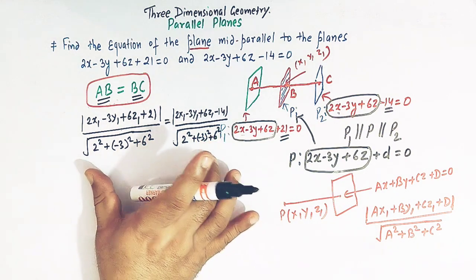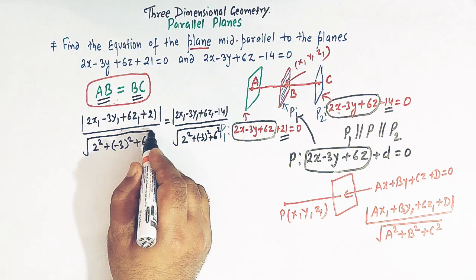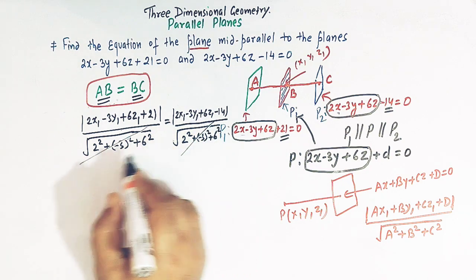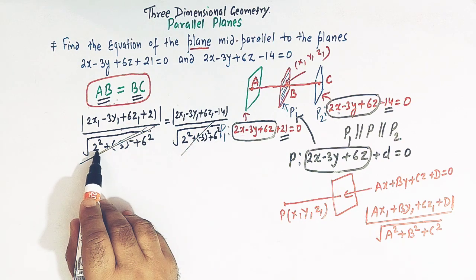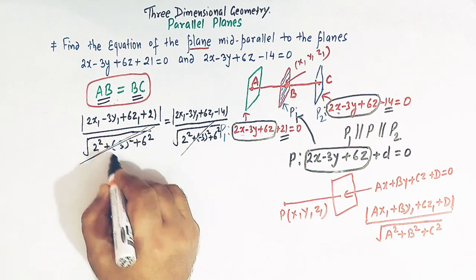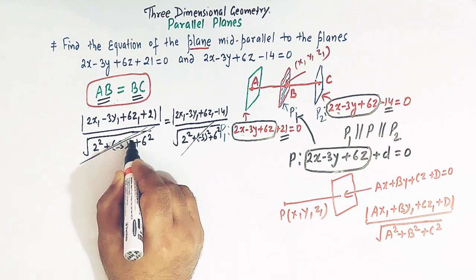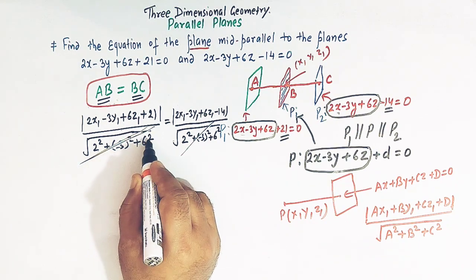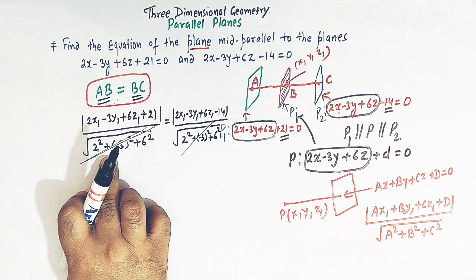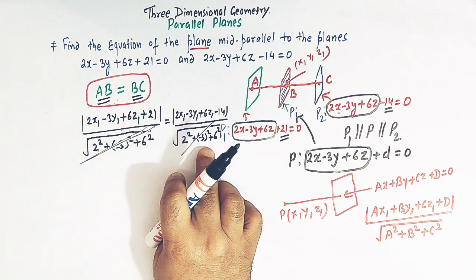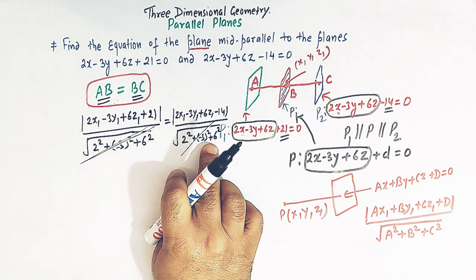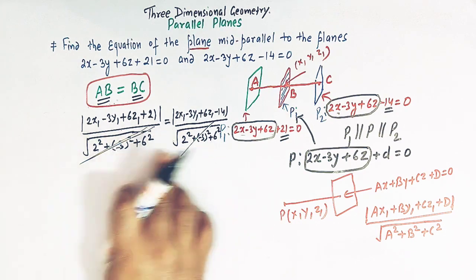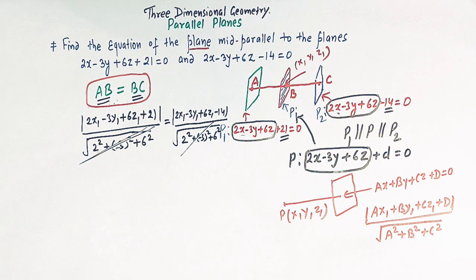So we can see that this term gets cancelled, because 2 square + (-3) square + 6 square is the square root of 49, that is 7, and here also we have 7, right? So these two quantities get cancelled.